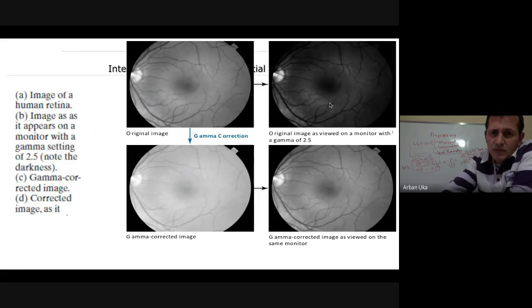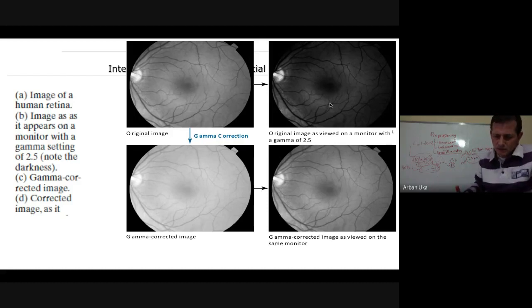We have the original image, which is gamma corrected with a specific value. For example, if we apply a gamma equal to 2.5, the original image raised to the power 2.5, this is what we observe in the image on the right side.